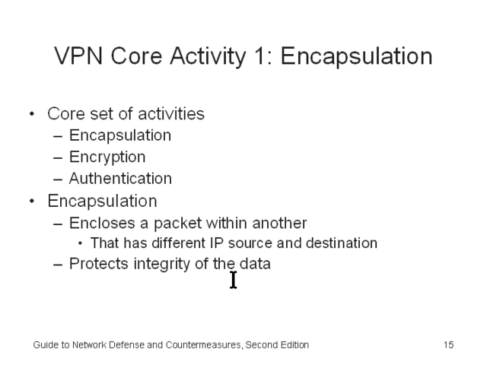We know what encryption does, but authentication determines the source of the packet, which is not something that encryption provides. Encapsulation encloses a packet within another packet that has a different IP source and destination. This protects the integrity of the data because it also includes a checksum, as we'll see shortly.